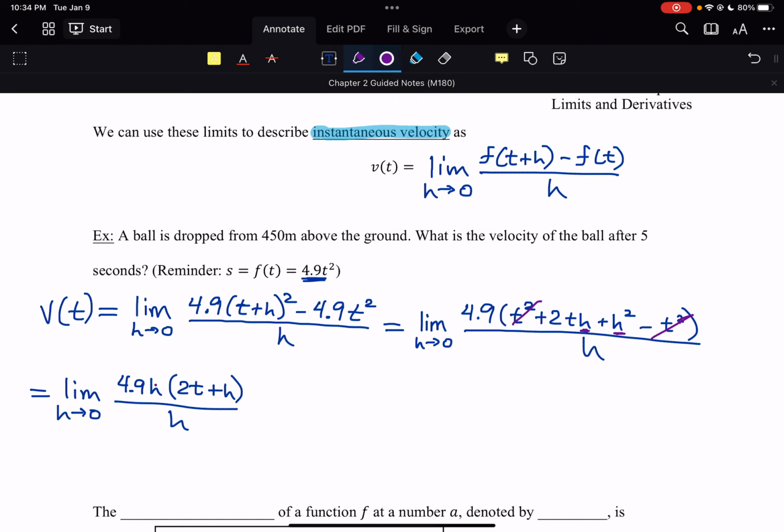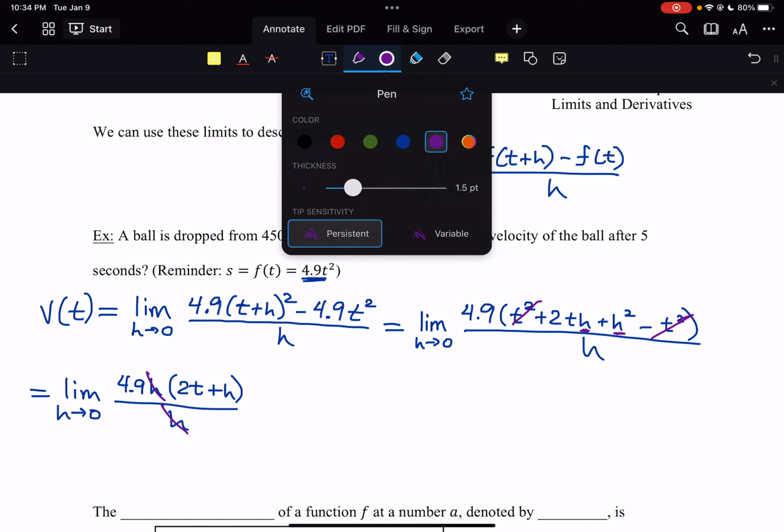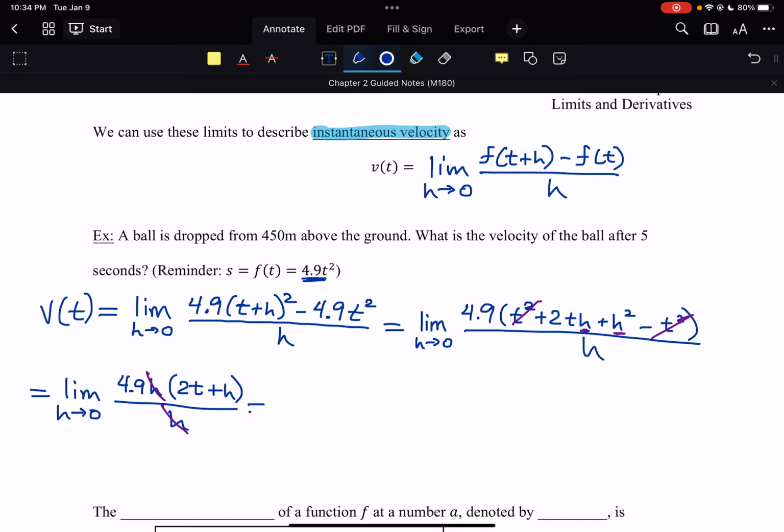And just as we needed, those h's cancel. That removes that undefined restriction. So we just have limit as h approaches 0 of 4.9 times 2t plus h.